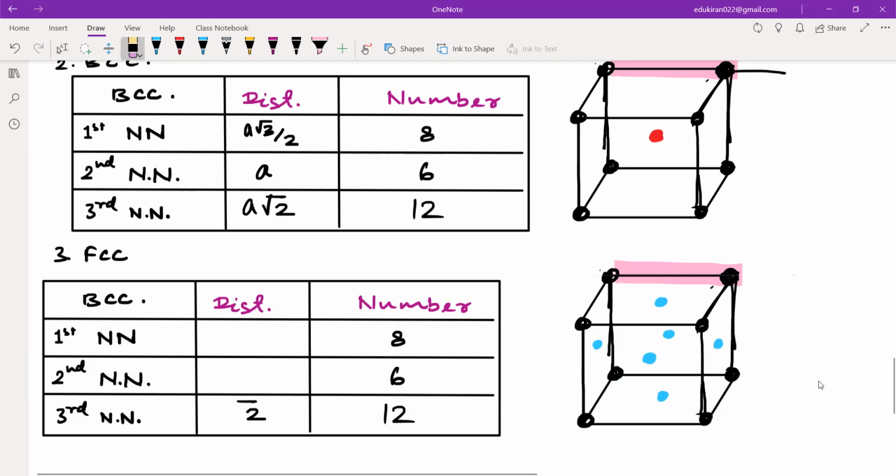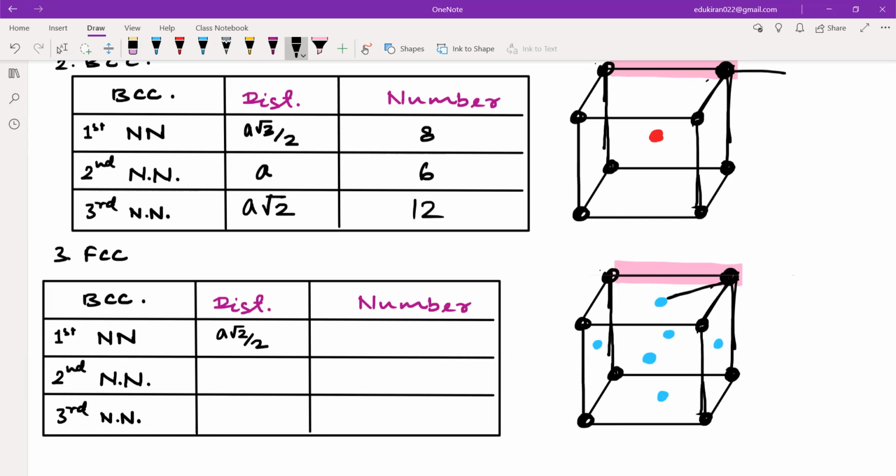Yes, sir. Fine. So the first neighbor will be from here to here. So this will be equal to how much? a root 2 by 2. Correct? Yes or no?